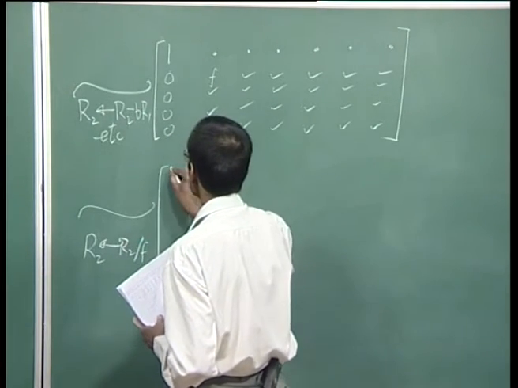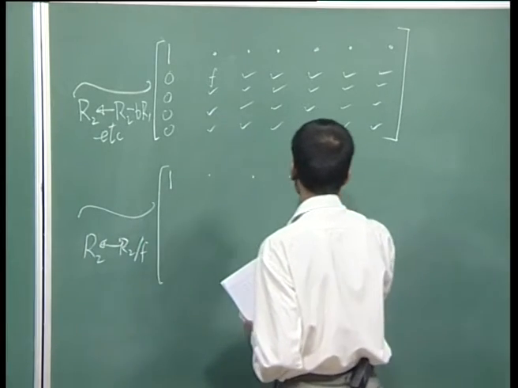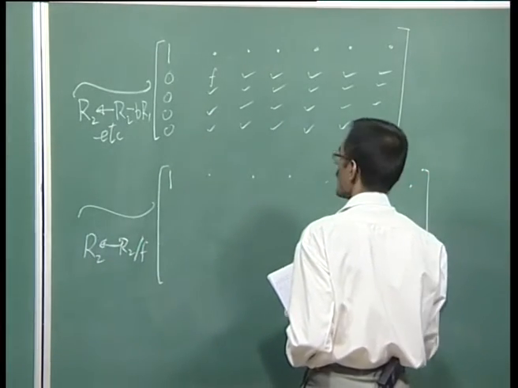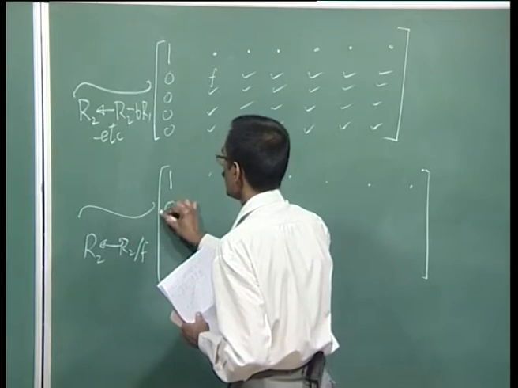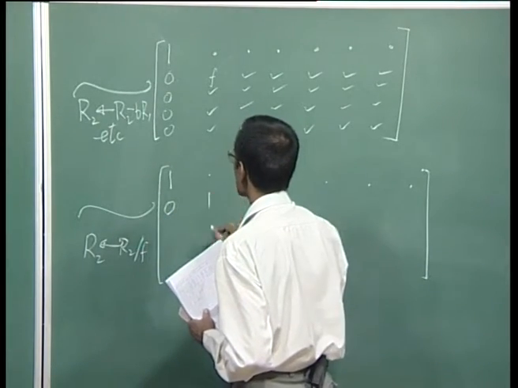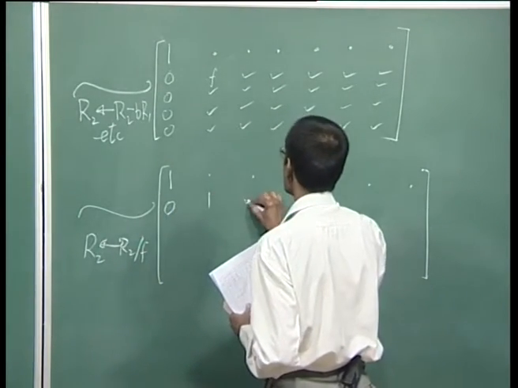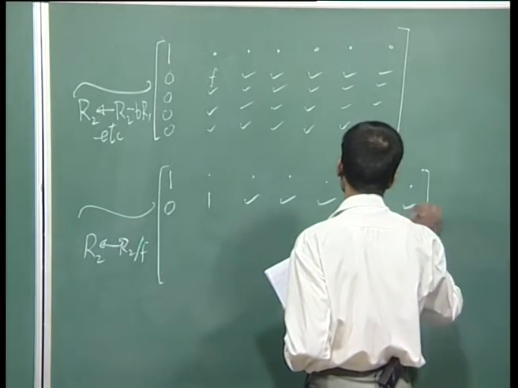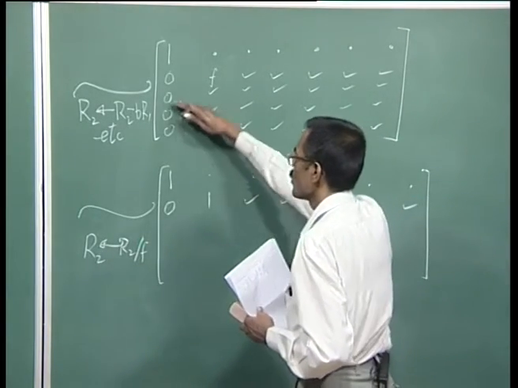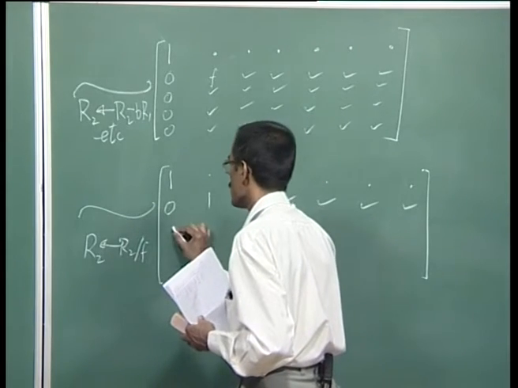As a result, the first row will remain unchanged, the second row will change, 1 will come here and other entries will come here, and the lower rows will remain unchanged.